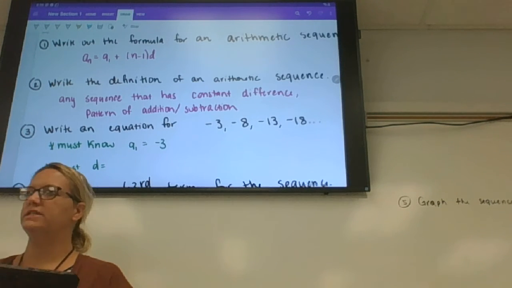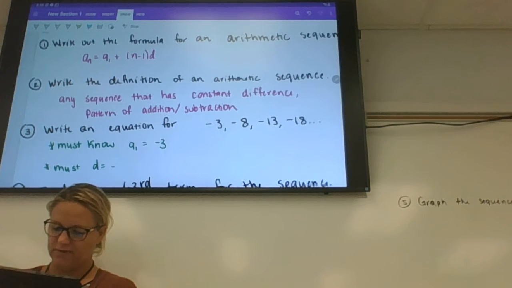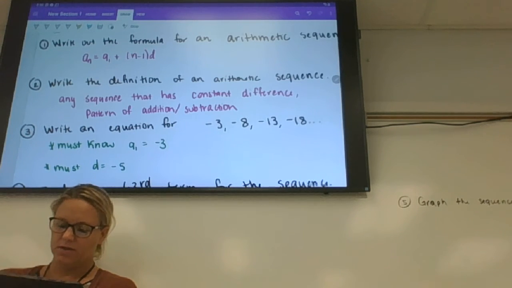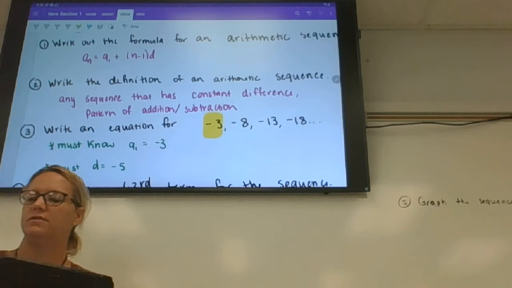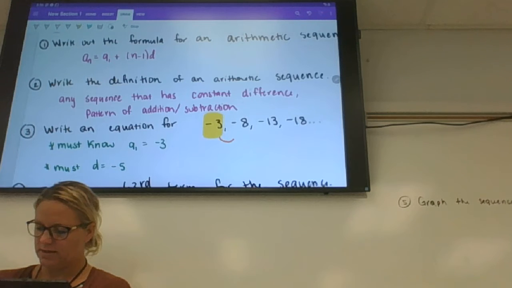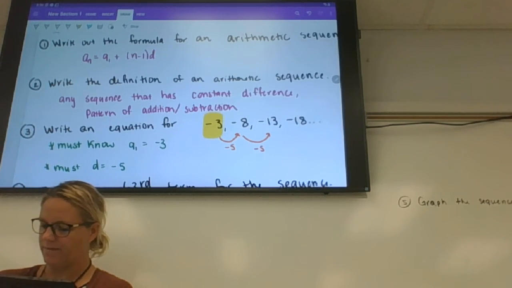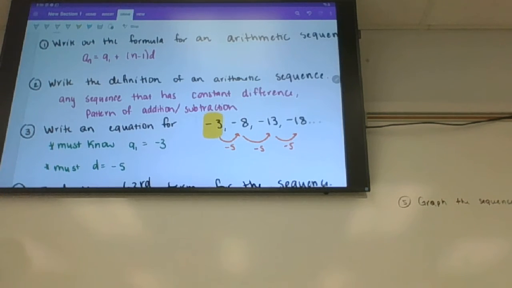And what's the common difference in this sequence? -5. So A1 is always the first value in the list, and the common difference is the change that you observe. This is subtracting 5 every time. So that's the common difference. So as long as you know the first term and the common difference, you can write an equation.